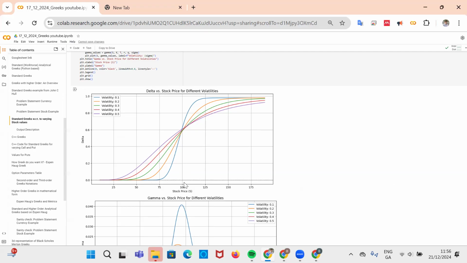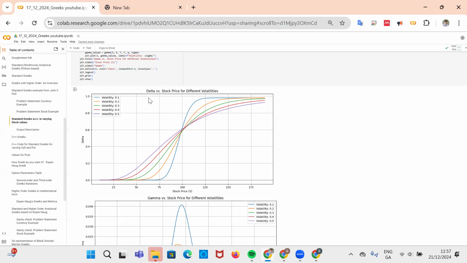So again, the exercise here is 100, but then the delta levels off much more quickly. We get to 1 or a value close to 1, but when the volatility is elevated, then the delta tends to be for the out of the money option way more elevated and for the in the money option to be less elevated.